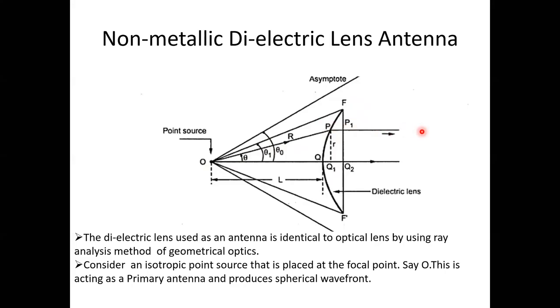That is Fermat's equality principle. So from this diagram, all the electrical path lengths should be the same. You can see different paths are there. We will consider two paths, and as per the principle, they should be the same.